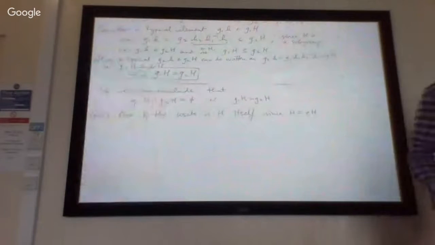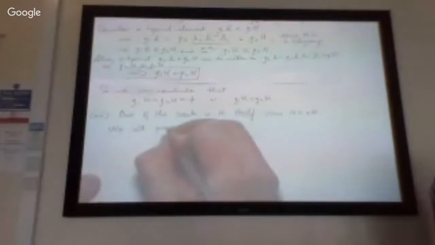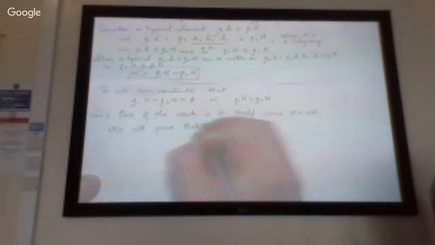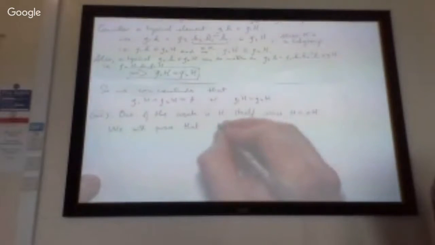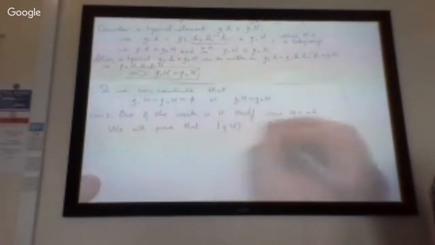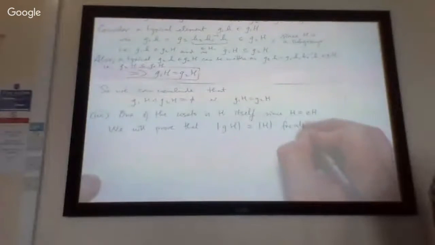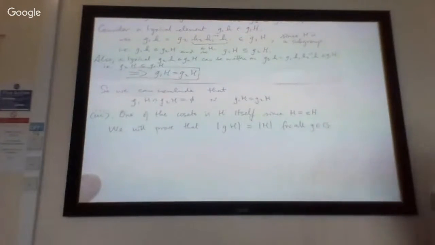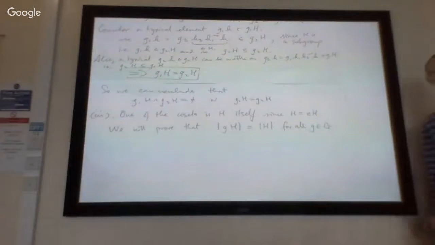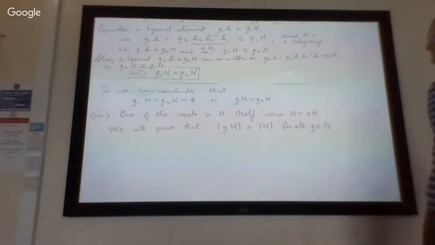So we will prove that the size of any coset is equal to the size of H for all choices of representative of H. How will we do that?